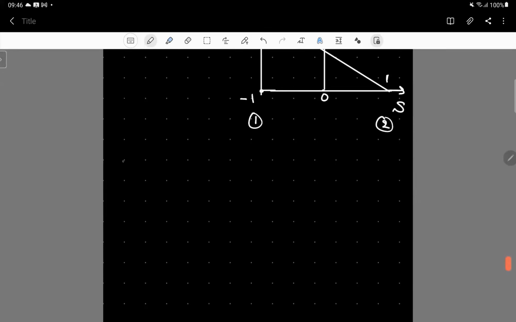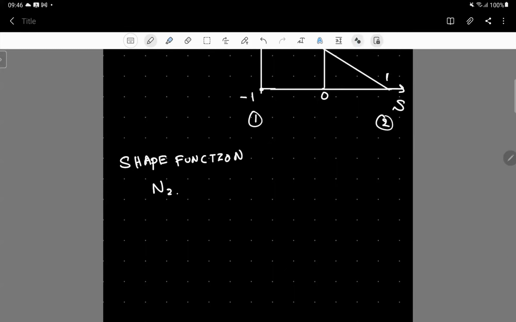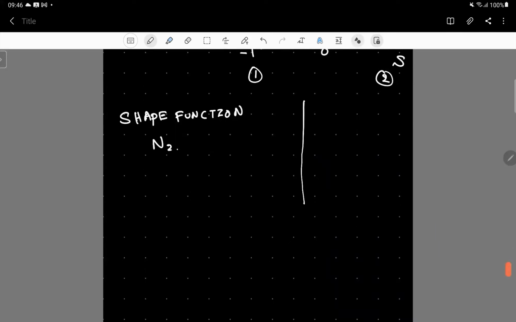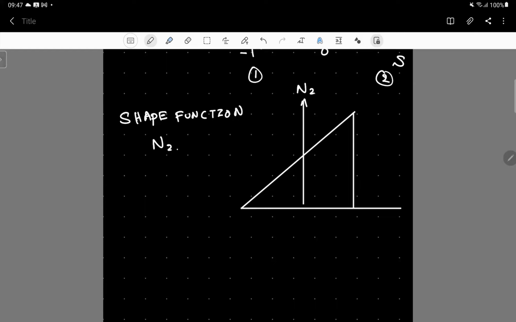Similarly, we can write down the shape function for n2. For shape function n2, again, we define the coordinate system, and we know that at node 1, the shape function should correspond to 0. At node 2, the shape function should correspond to 1. N2 is what we are interested in, and we are looking at the variation in the natural coordinate system.